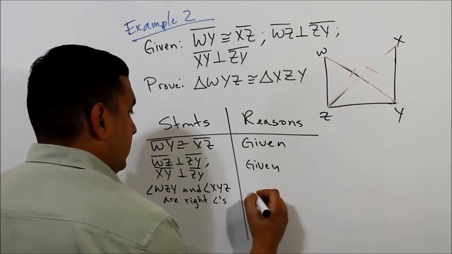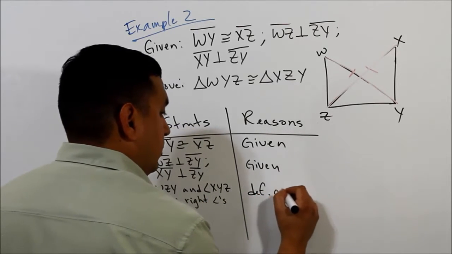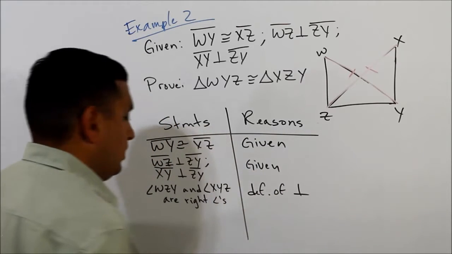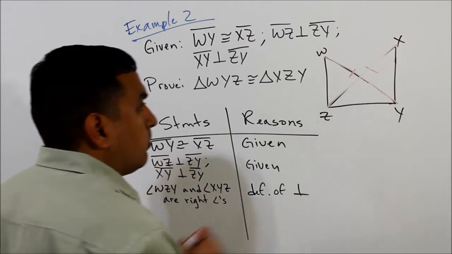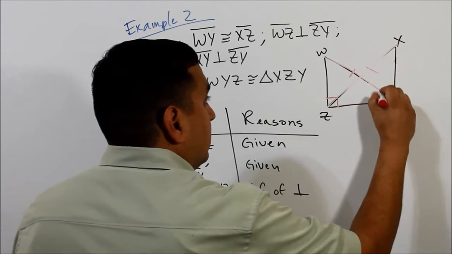Okay, and that would be the definition of perpendicular. That lets us know that I have two right angles. Got a right angle there and a right angle there.